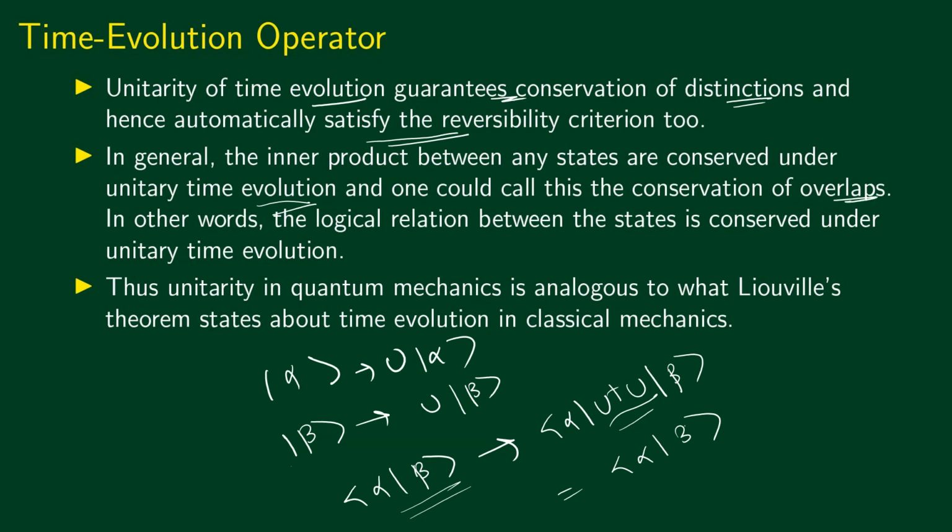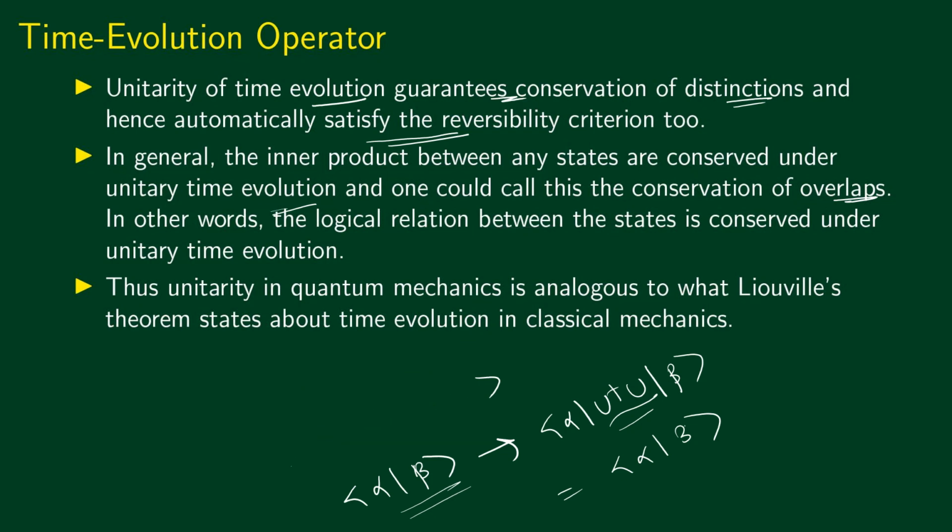So this bracket alpha beta is actually the component of beta along alpha, or it's the overlap between these two states. In general, we can say that the amount of overlap is also conserved. In other words, the logical relation between the states is conserved under unitary time evolution.